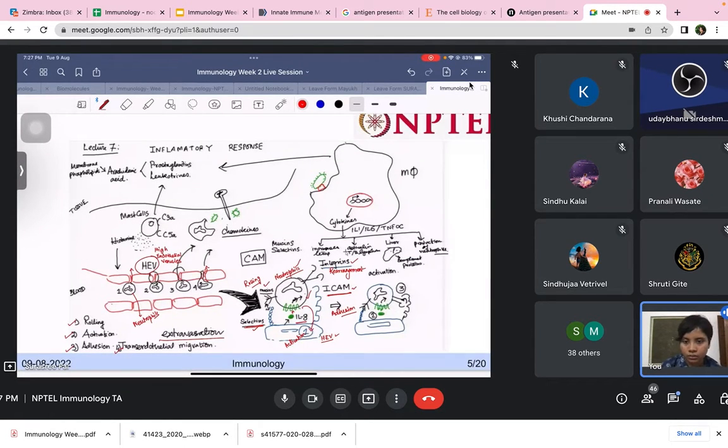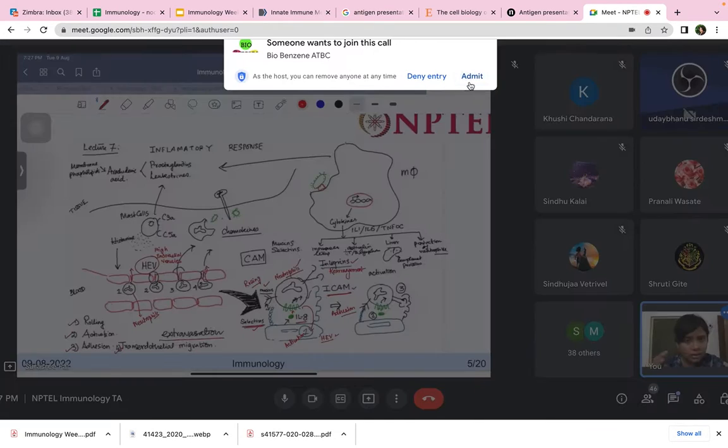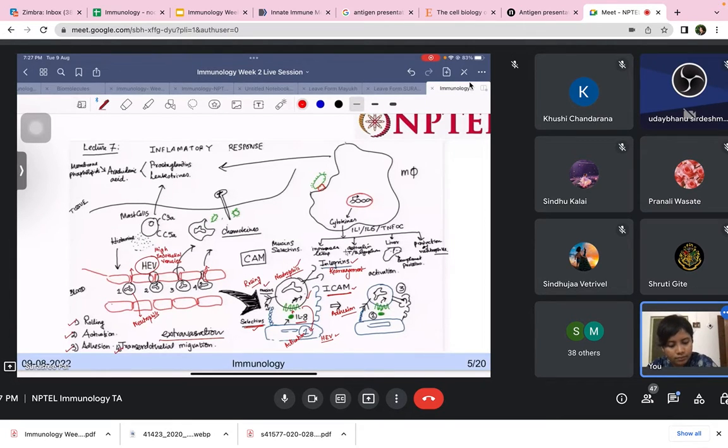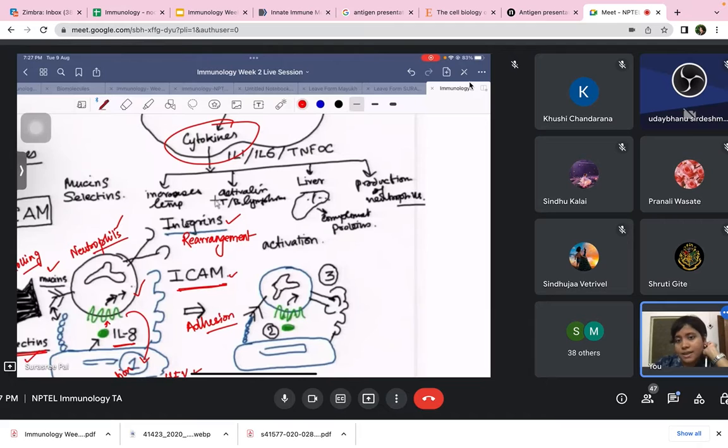So we have just described the types of interactions which occur between the neutrophil and the high endothelial venules. Now the macrophage, which phagocytoses the antigen and then presents this antigen onto the surface, also produces certain chemicals called cytokines.